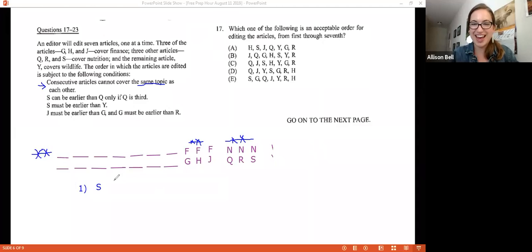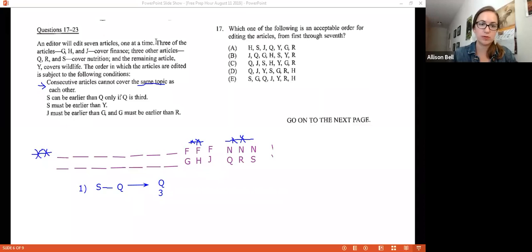than Q. Conditionals, again, hard to get through a logic game section without them. If S is earlier than Q, what do I know must be the case? Well, if S is earlier than Q, then Q must be in the third spot.